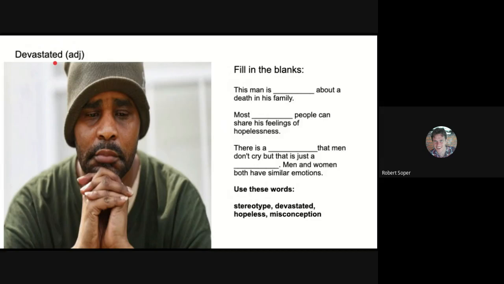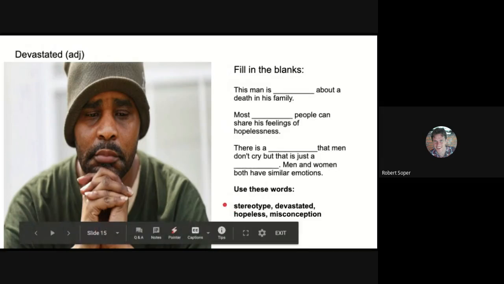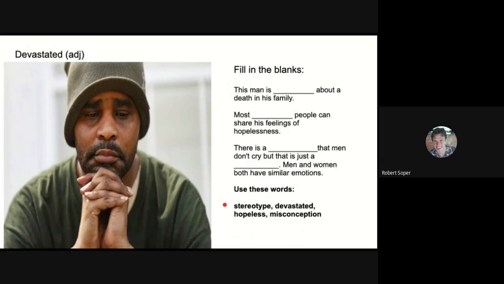Finally, the first one, stereotype. Think about what this might mean. Well, you should know from your vocabulary sheet that stereotypical means a widely held but sometimes incorrect opinion.